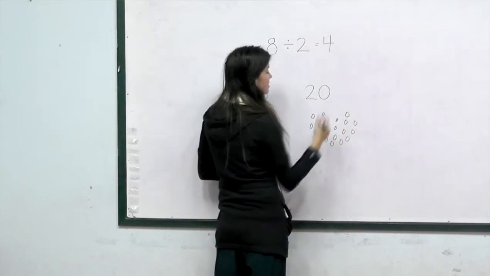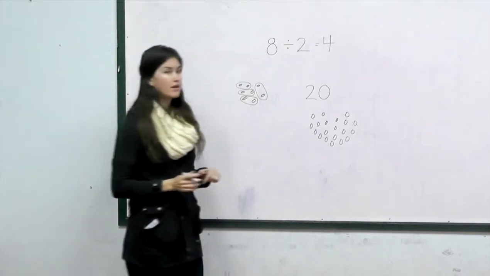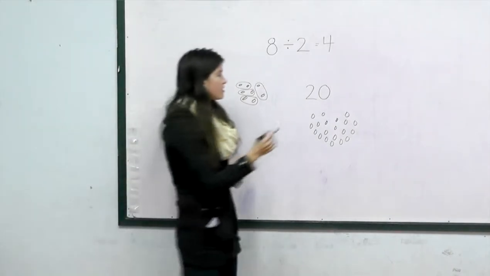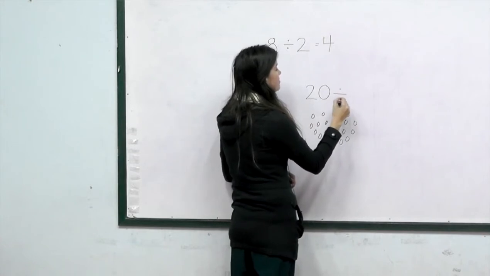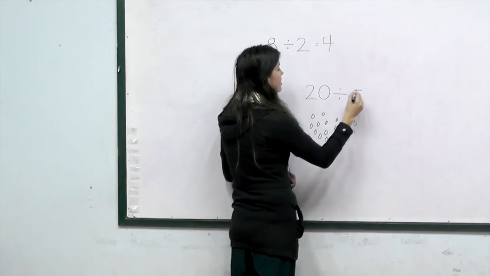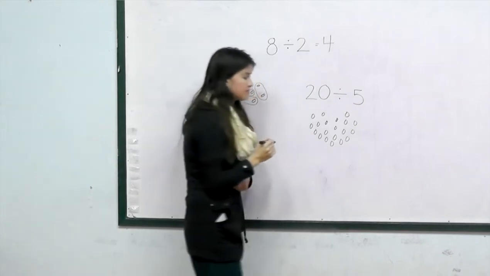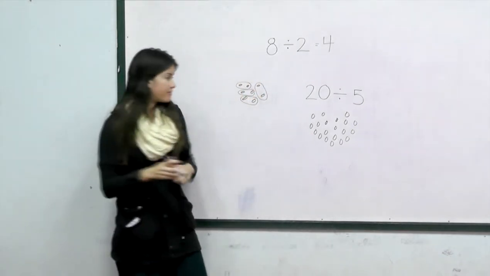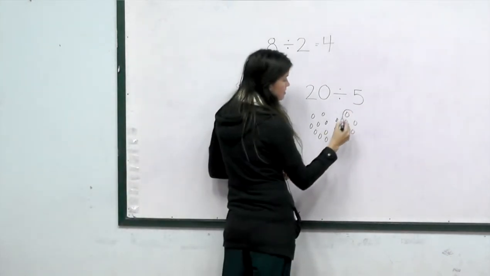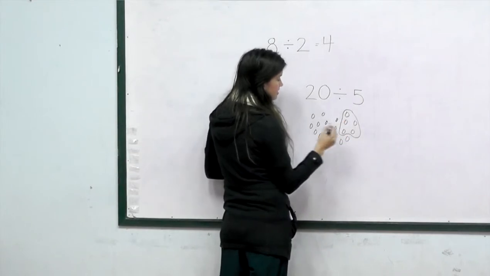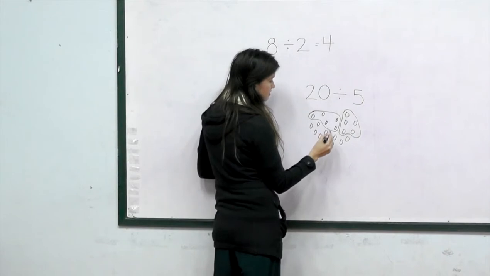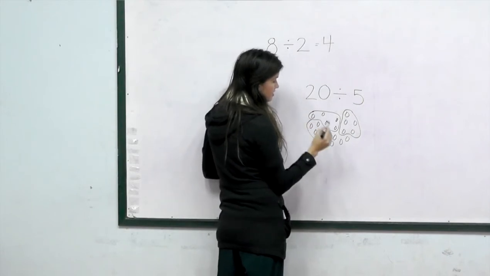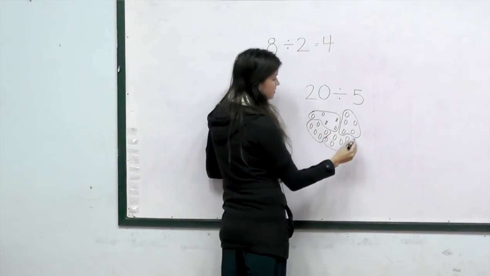We have 20 beans, and we want to make them into equal groups. We're going to divide 20 beans divided by groups of 5. So you're going to make little groups of 5. Here we'll just circle 1, 2, 3, 4.